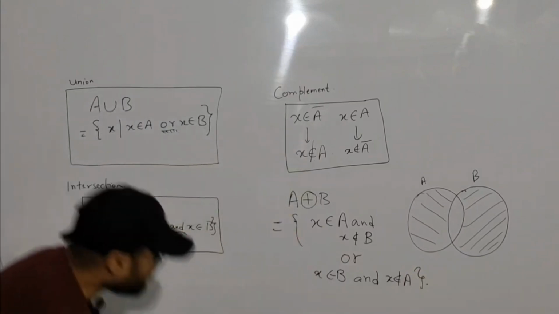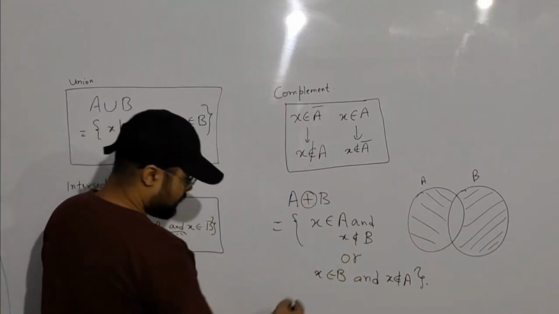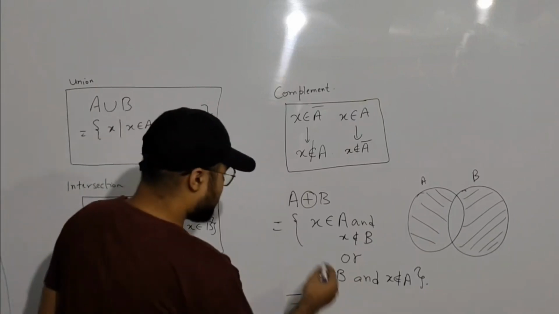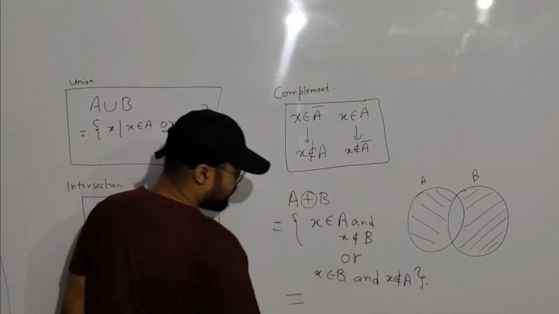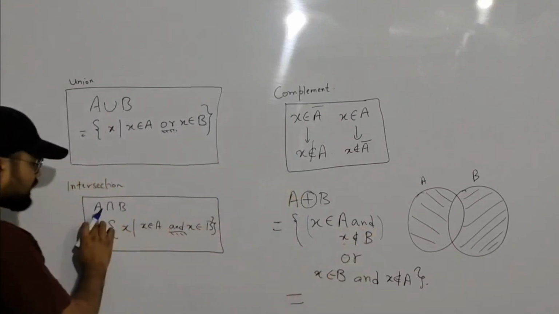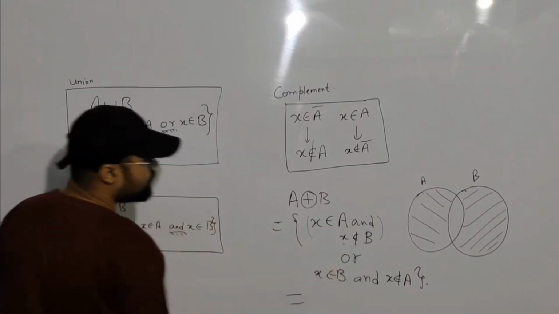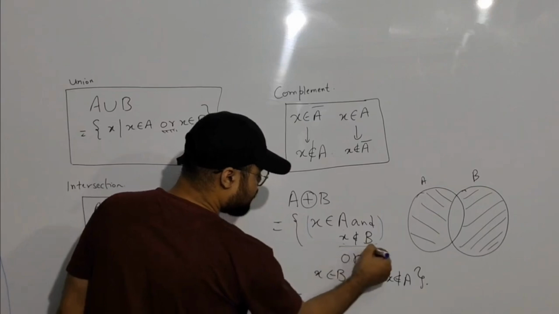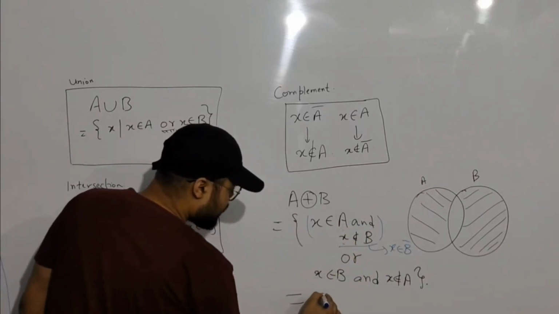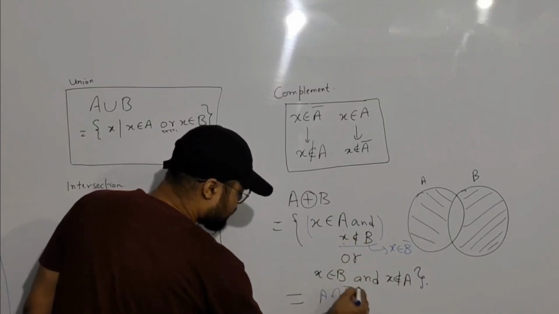Now, what can you infer from this? Look at this part: X belongs to A and X does not belong to B. This is A intersection B complement, because X does not belong to B means X belongs to B complement.